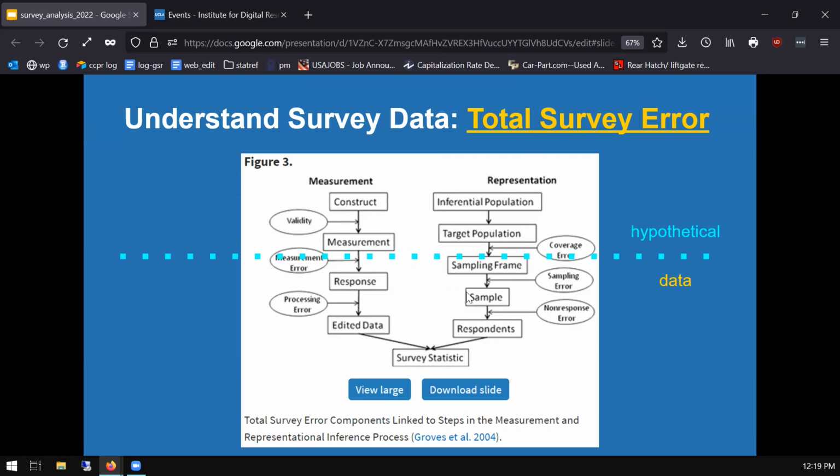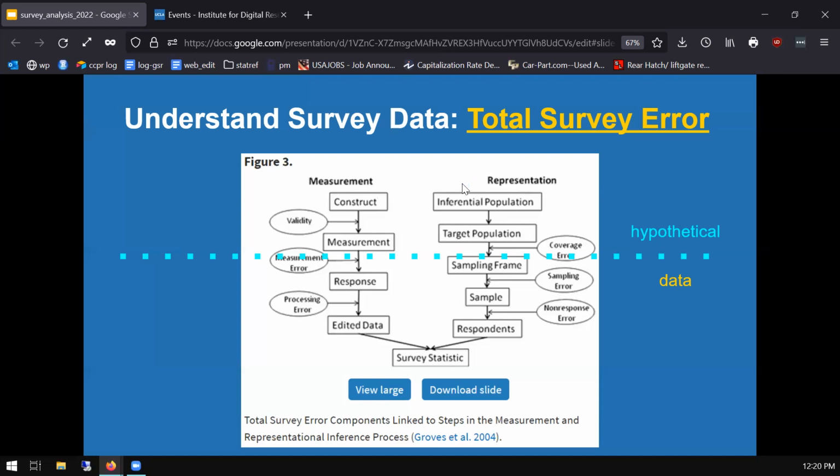Whereas the right side deals with the population you're interested in. Who are you interested in? Is it people? Is it people in specific states like California? Is it the people on the East Coast? Or is your target population all of America? Or your population might not be people at all. If you're in the auto industry, your population might be cars.